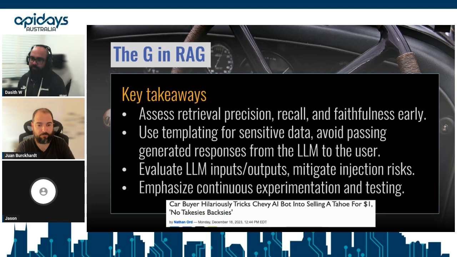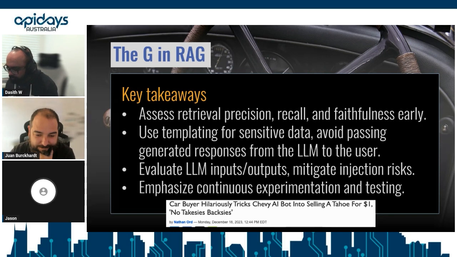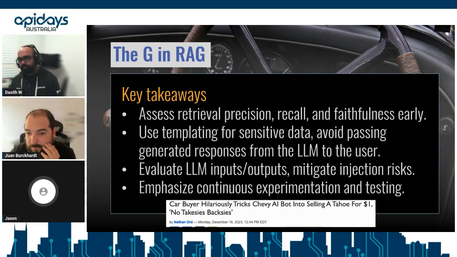Not too long ago, there was a car dealership that had a chatbot, and someone tricked the chatbot to respond to everything with, I agree, no takesies backsies, and got the LLM to agree to selling them a Chevy car for $1, which is funny, but you don't want that to happen in prod.